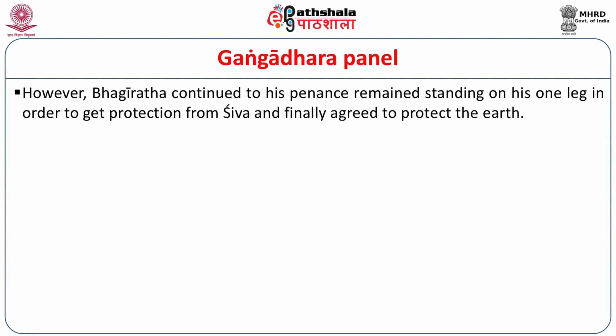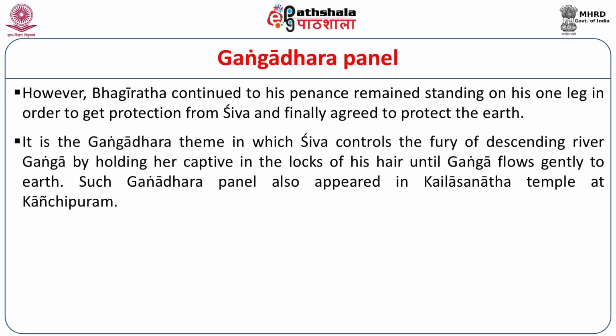However, Bhagiratha continued his penance, standing on one leg in order to get protection from Shiva, who finally agreed to protect the earth. It is the Gangadhara theme in which Shiva controls the fury of the descending river Ganga by holding her captive in the locks of his hair until Ganga flows gently to the earth.